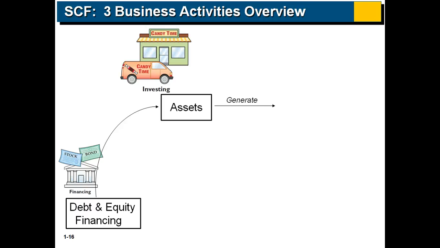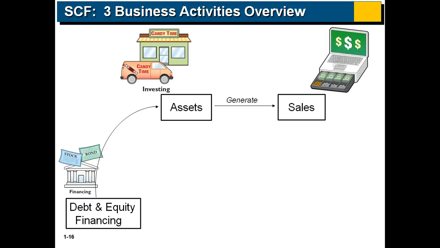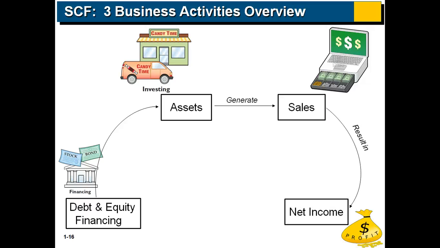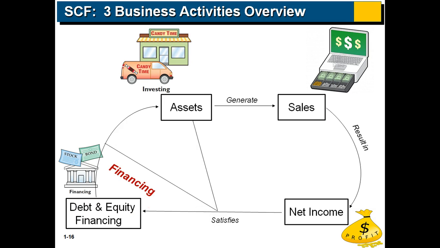We will use these assets and other services to generate revenue. Usually that's sales revenue if it's a retail company. And revenue will ultimately result in profits or net income. And when we have profits or net income, that usually satisfies the investors and creditors. So when we break out the three categories, you can see we have our financing, our investing activity, and the rest of that is all operating activity.